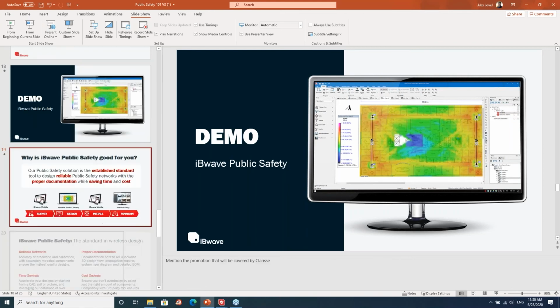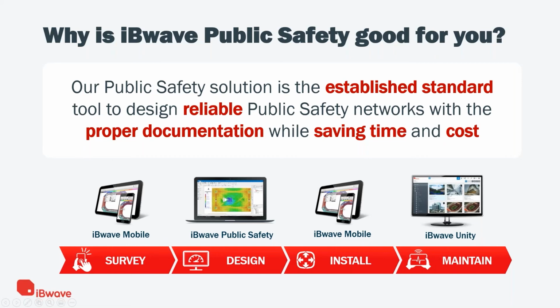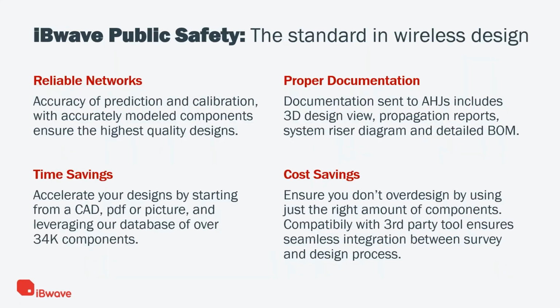So hopefully everybody got a good understanding from that. And like I said, our focus today was really around our PC version, but you could see we really try to focus on helping out with the full life cycle, right? That's the reason why we have our mobile platform. That's the reason we integrate with those third-party collection tools, and that's the reason why we have Unity in case you need to do those yearly tests. So we provide a solution for reliable networks.